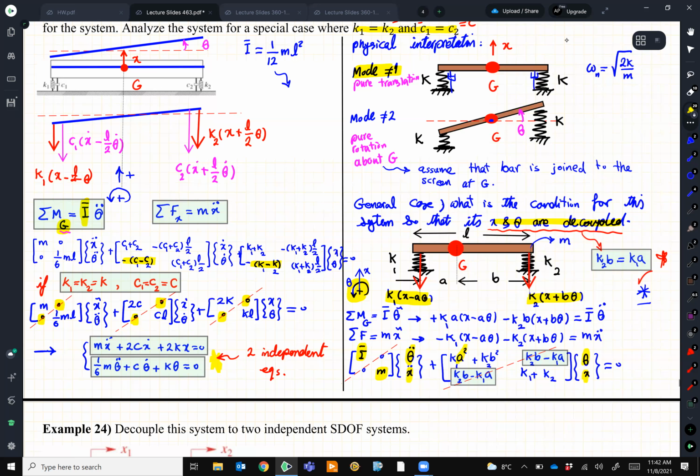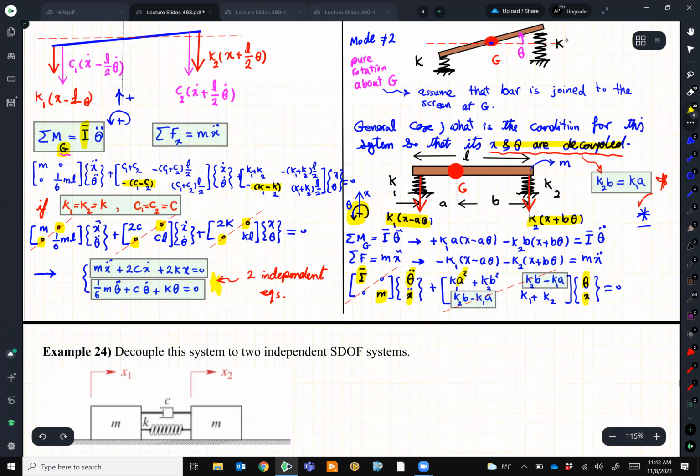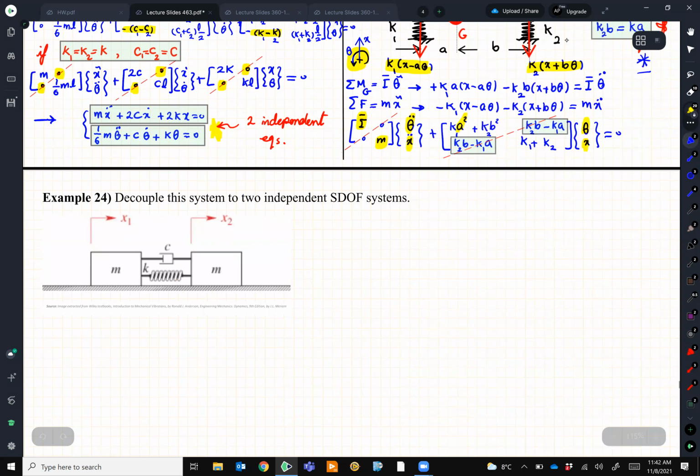Good. So why this one is useful for your project, I will get to it in a moment. Please solve example 24. It is easy, but interesting. Please do it yourself as a practice. If you couldn't, ask me.